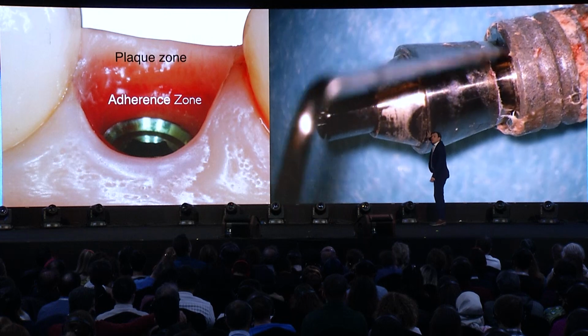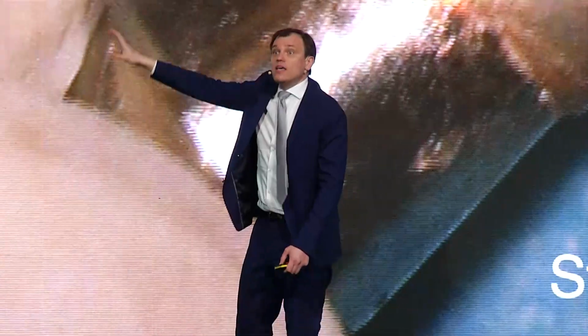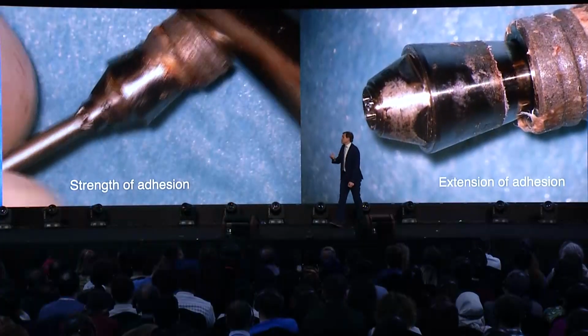What material do we have here? Is it titanium? Is it zirconia? Is it glazed surface? Because on the choice of these materials, we can influence the strength of the adhesion, how strongly the tissues glue to the surface of the prosthetics, and also the extension of adhesion.